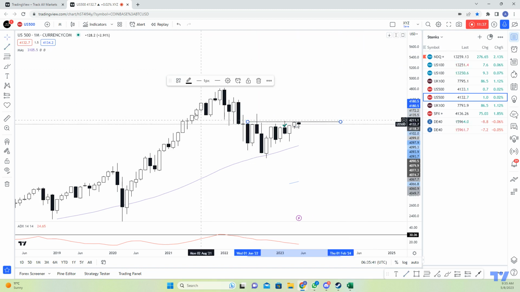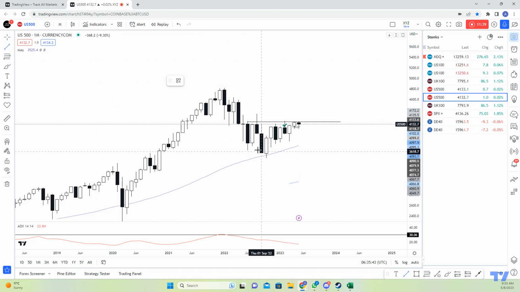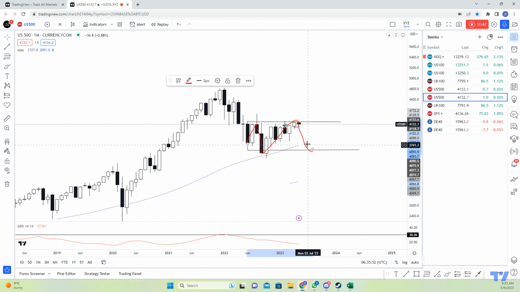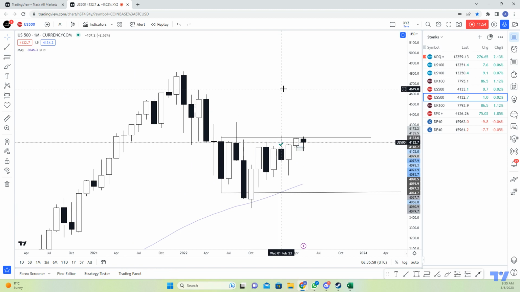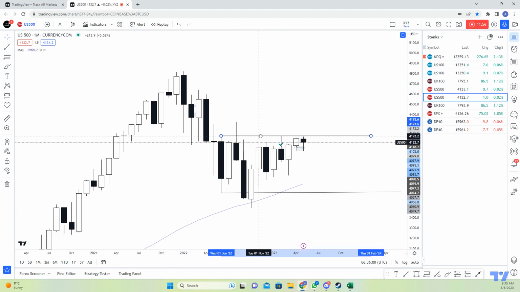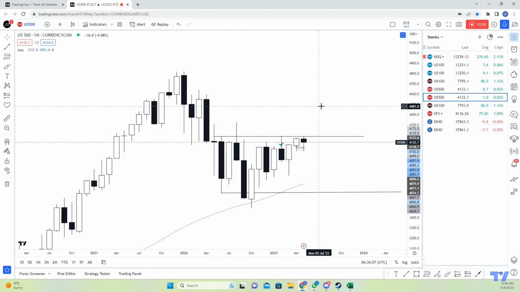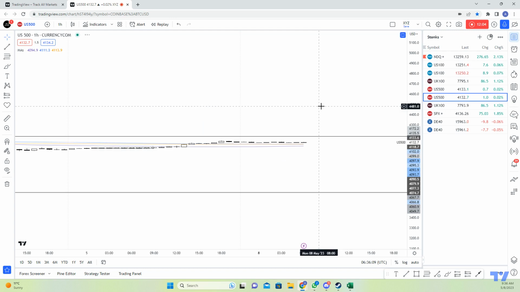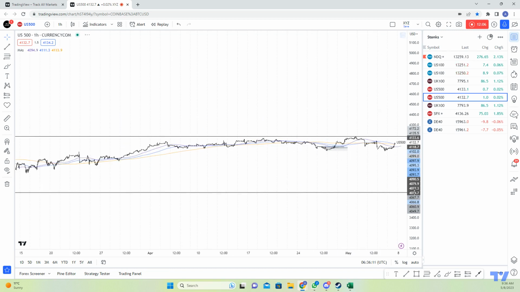Okay, let's see the ranges here. So this is our range, right? It keeps knocking here at 4,200. But my honest opinion is that I don't see it breaking 4,200 on what's going on right now. I mean, it could.